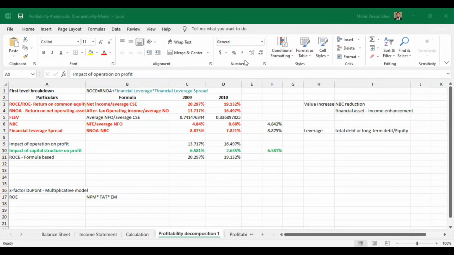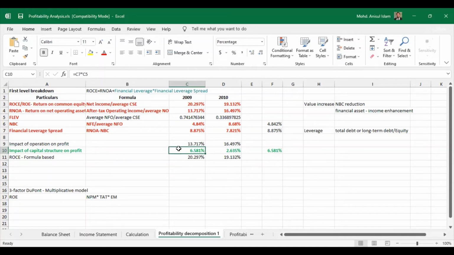So it will give more return on equity or return on capital employed. So the issue is that the use of leverage generates value. And here in case of Bangladesh Lamps Company, it is 6.581%.